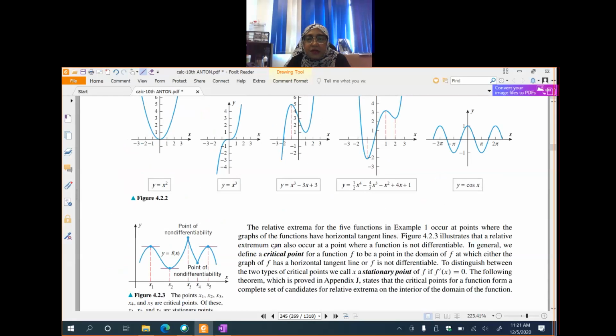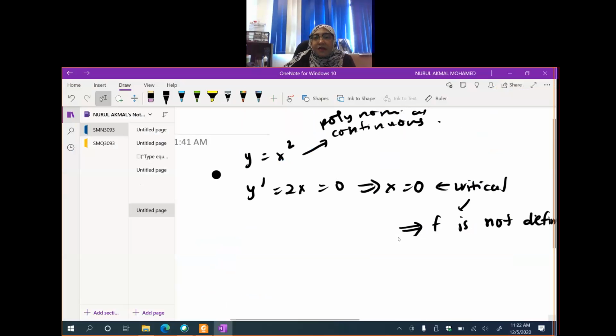Critical points: f is not differentiable, f prime is not defined. So it means that this one is f prime, when f prime is not defined. But here it is a polynomial, so it doesn't matter.